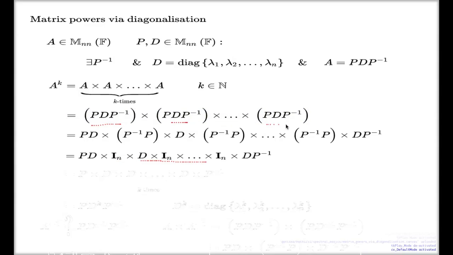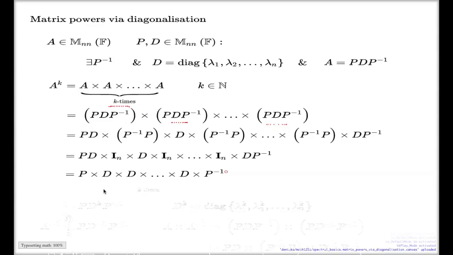Altogether we had k brackets, so altogether we will have k D's, which is the k-th power of the D matrix. We come down to the expression P D to the power k P inverse.